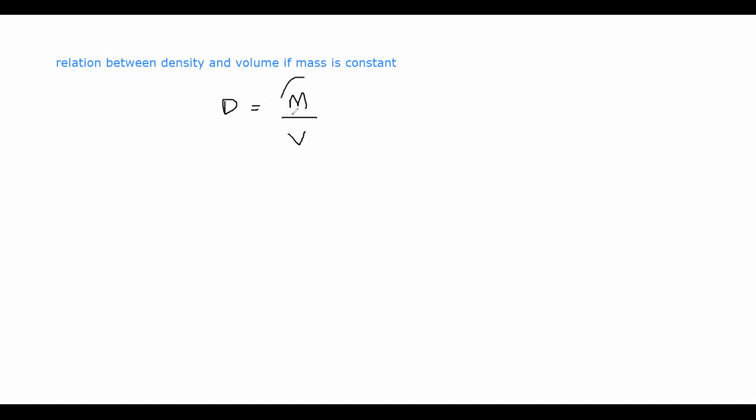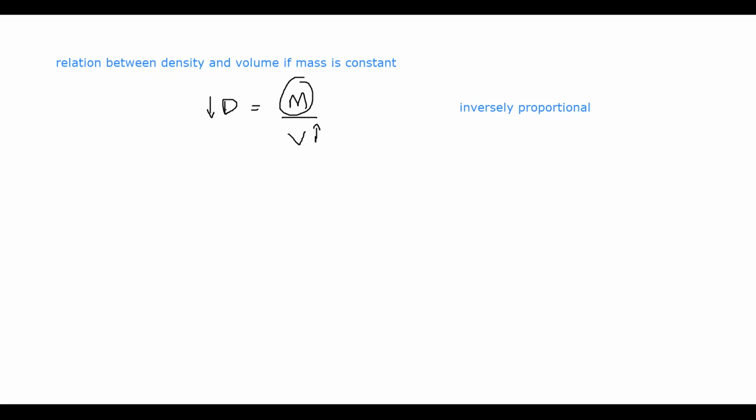If the mass is not changing, mass is constant, one quantity is in the numerator, another in the denominator, and both are on opposite sides of the equal sign, this kind of relation is called inversely proportional relation. Inversely proportional means if I increase one quantity, the other will decrease. So if I increase the volume, the density will decrease, and vice versa. If I decrease the volume, the density will increase.